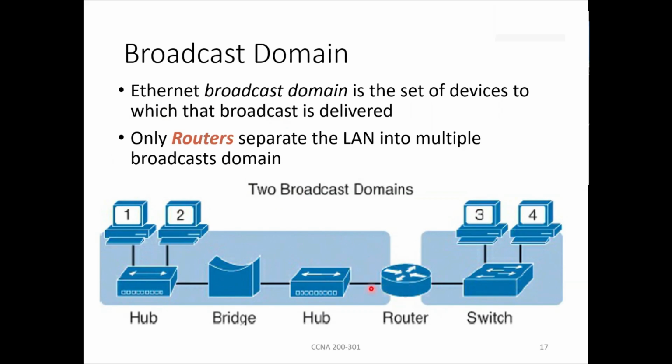Let's say the router has this one interface, so this entire section is one broadcast domain, and on this side we have another broadcast domain. That means a broadcast domain is mostly related with IP. On this side of the router we need to have one subnet, and on this side we need to have another subnet. So the router will have 2 different subnets.